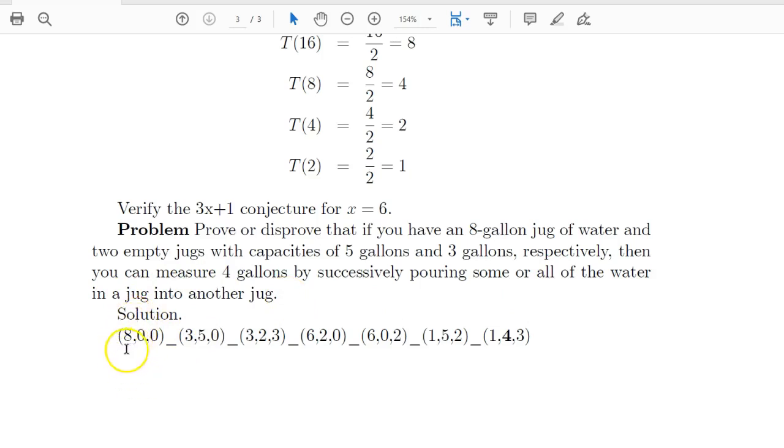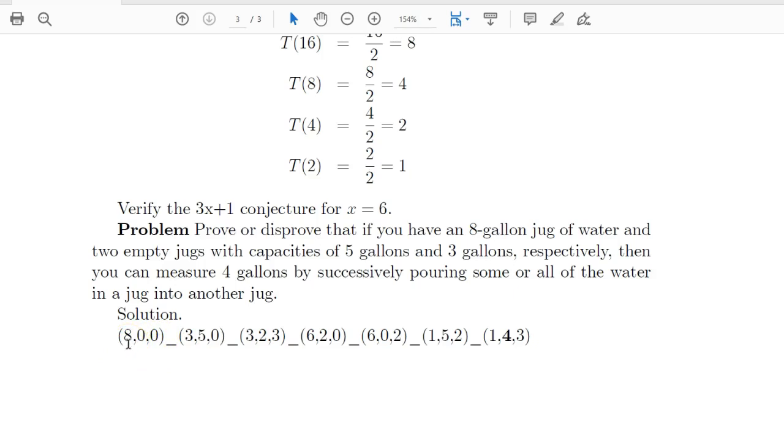Solution. Here, this triple means the amount of water in the 8-gallon jug, 5-gallon jug, and the 3-gallon jug. So in the beginning, the 5-gallon and 3-gallon jugs are empty, so you have zeros there, and the 8-gallon jug is full, we have an 8.